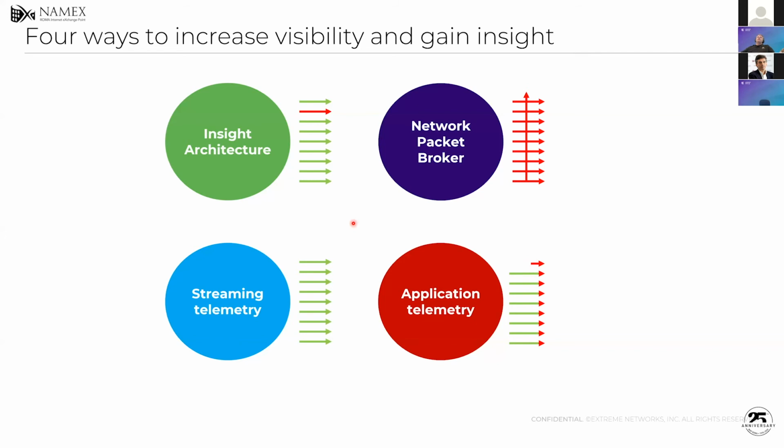On the top left here, we have what we refer to as insight architecture. So basically, the most common use case is that once you have identified that you want to look at some of your flows in particular, so let's just assume you still have a lot of communication in the data center, but most of the communication is not important to you, at least not right now, but you really want to look deep into one such flow.